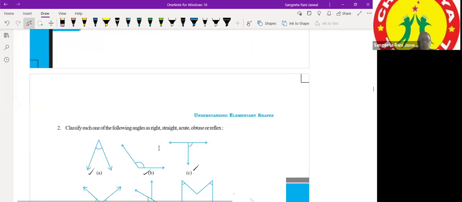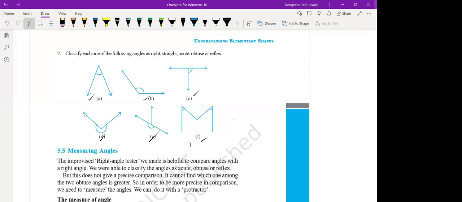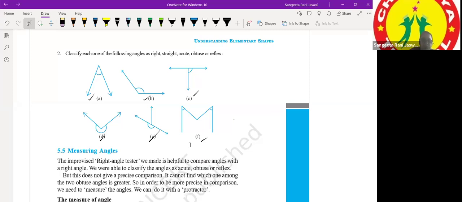Now see this. Classify each of the following angles as right, straight, acute, obtuse, or reflex. So you have to classify which angle is representing which name. Let's see the first one. Shreyansh, tell me the first one. Ma'am, the first one is acute.